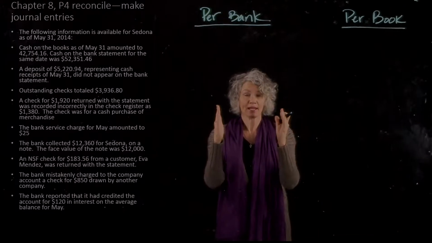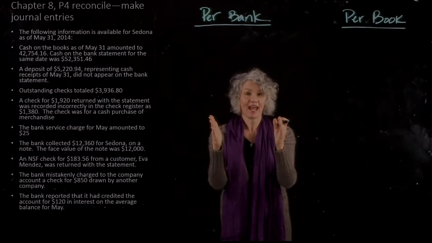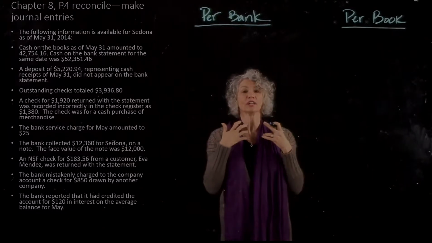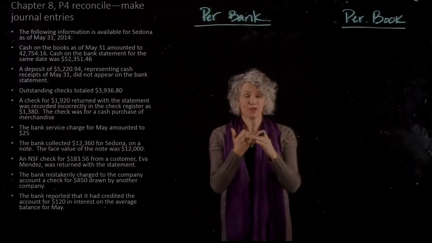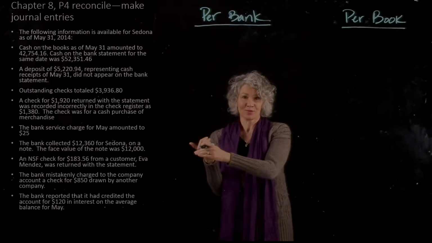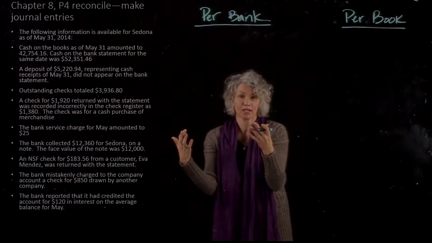So when you get a business bank statement, the amount of cash it says it has is not what you really have, because only you know the deposits that you took after that bank statement was mailed out, or actually just perhaps processed and printed.